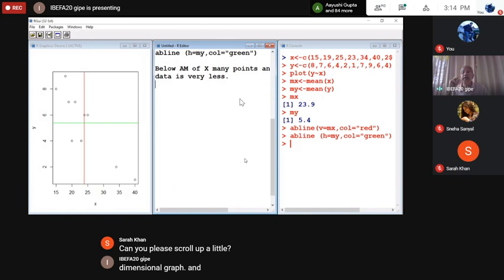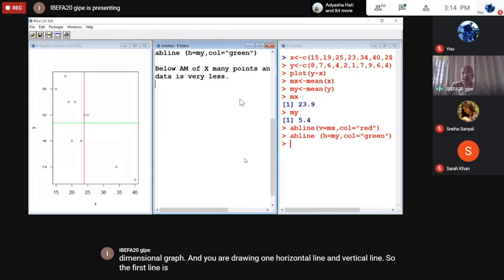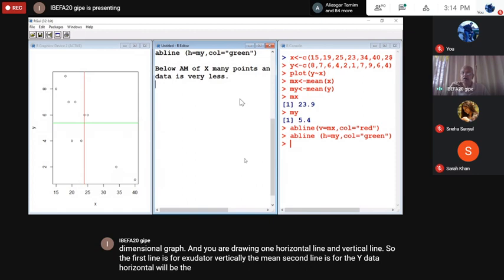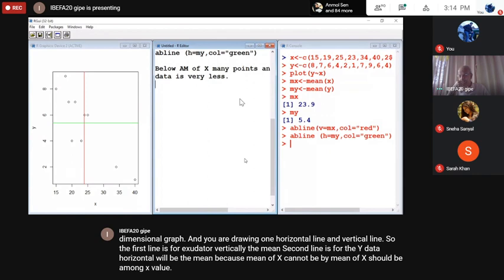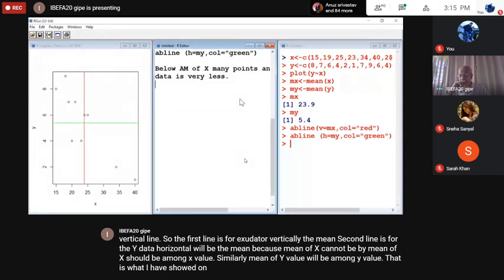And you are drawing one horizontal line and one vertical line. So the first line is for X data, vertically the mean. The second line is for the Y data, horizontal will be the mean, because the mean of X cannot be Y. The mean of X should be among X values. Similarly, the mean of Y will be among Y values. That is what I have shown on the graph.